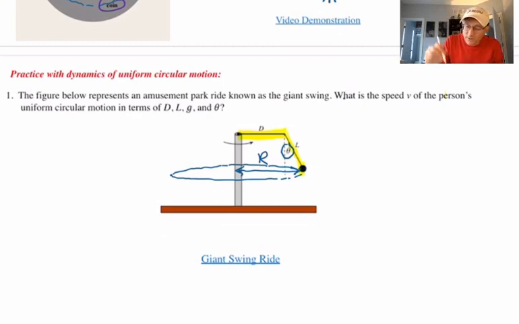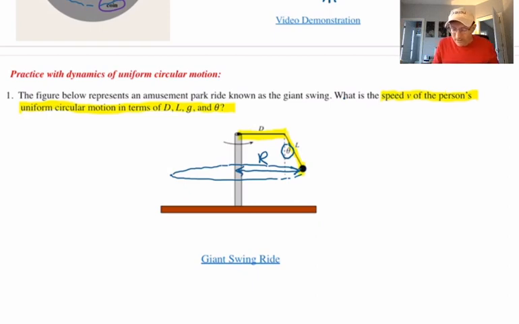And what I want us to do here, using Newton's second law, is to find an expression for the speed v of the person's uniform circular motion in terms of D and L and g and theta. In other words, if we had video capture software, we could estimate the length D and the length L and the angle theta, and then we would be able to calculate how fast they were going around. That's what I want us to do.